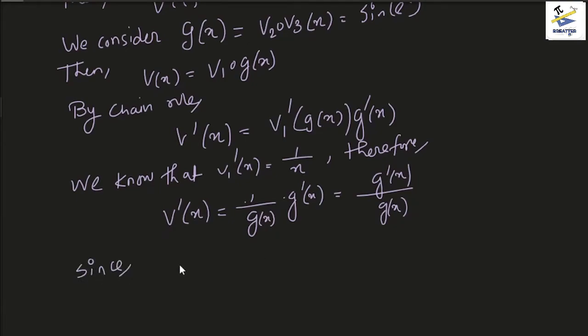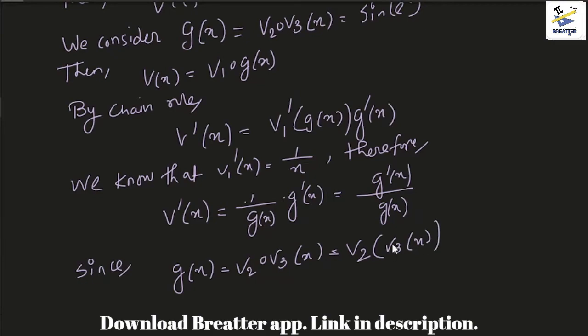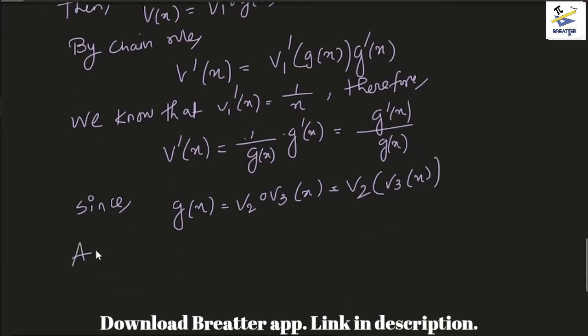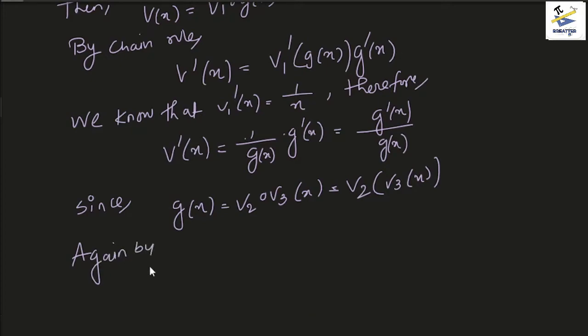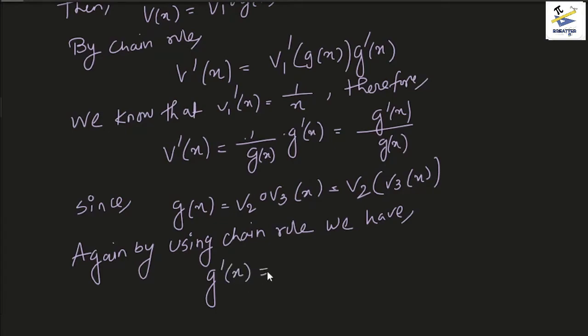since g of x is equals to v2 composition v3 of x, or in other words v2 of v3x, then again by using the chain rule, we have g prime of x equals to v2 prime of v3x multiplied by v3 prime of x, right?